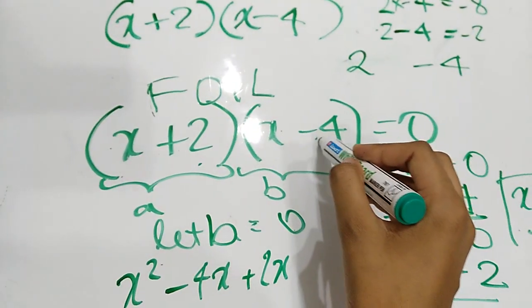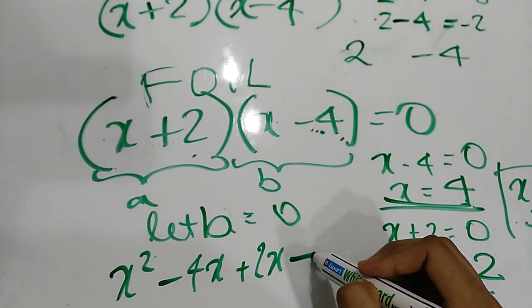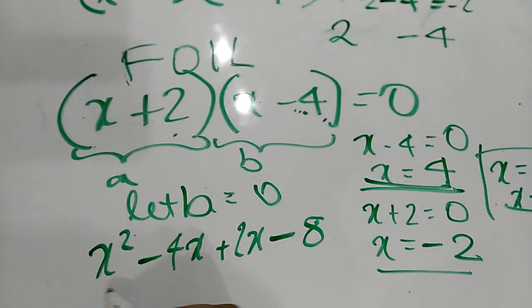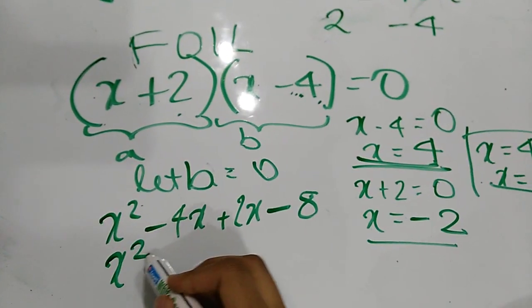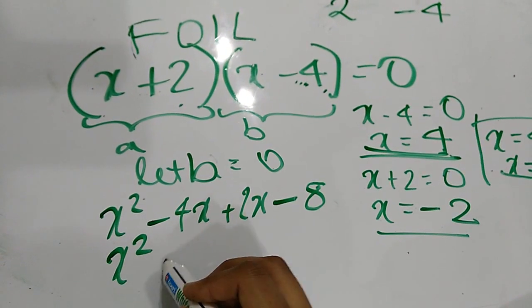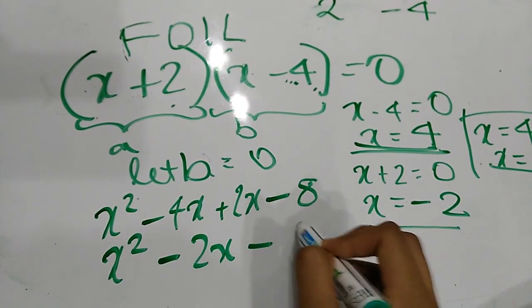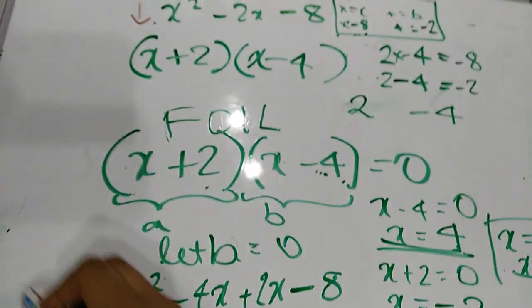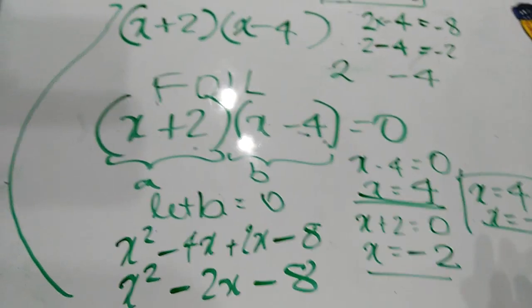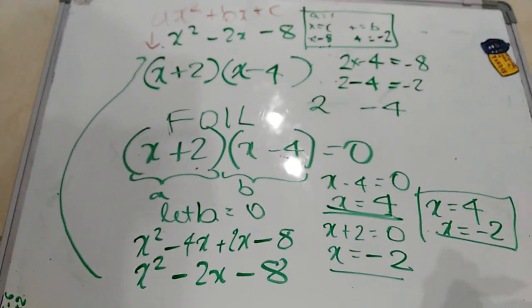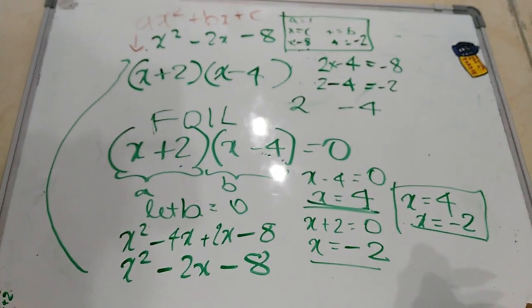And 2 times minus 4 is minus 8. So now I add my like terms together. x squared minus 4x plus 2x is minus 2x. And minus 8. Is that what I started out with? Yep. So my simplification, and therefore my answer, must be right.